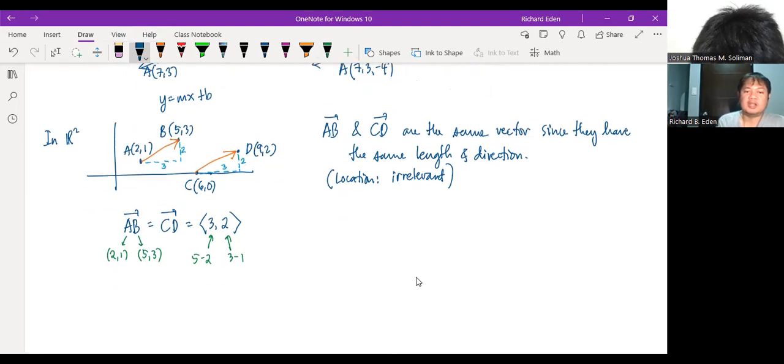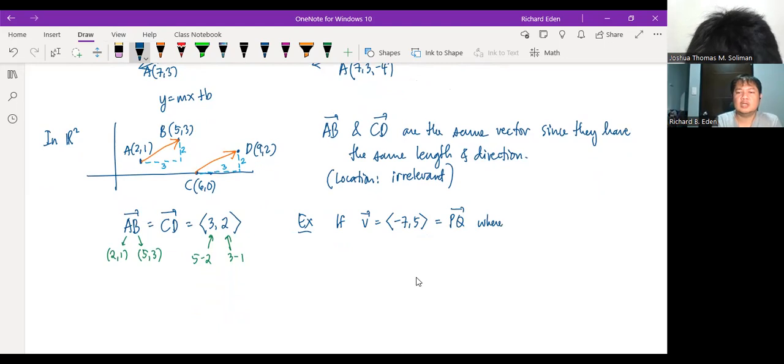So for example, if vector v is the vector -7, 5, and this is the vector PQ, where P is the point with coordinates, confusing naman parehong -7.